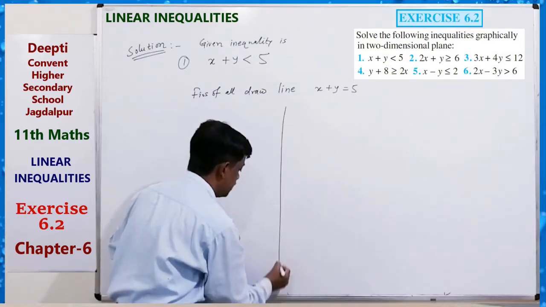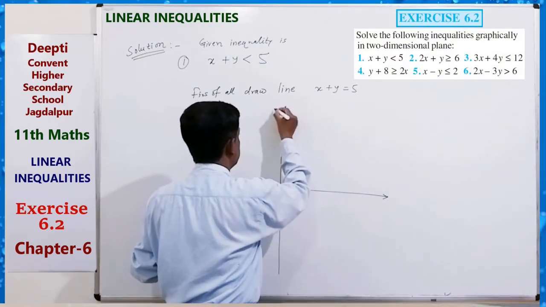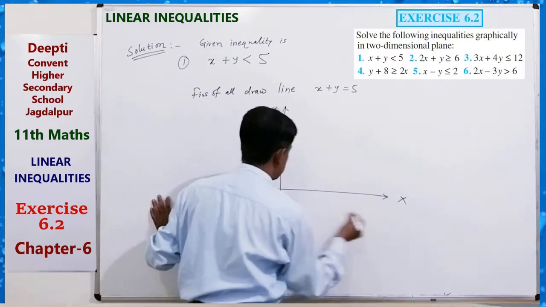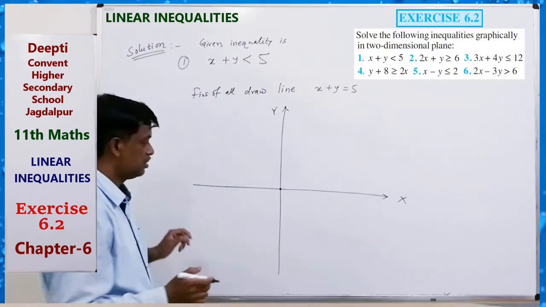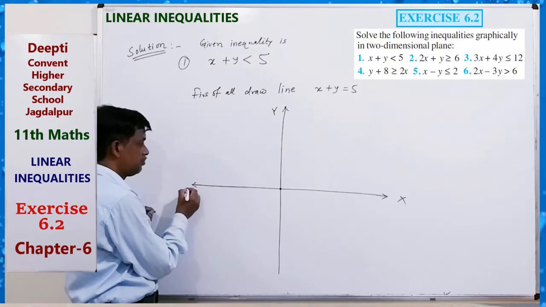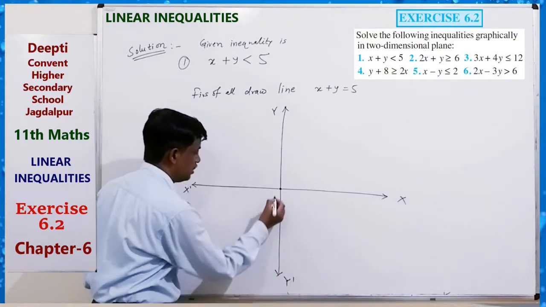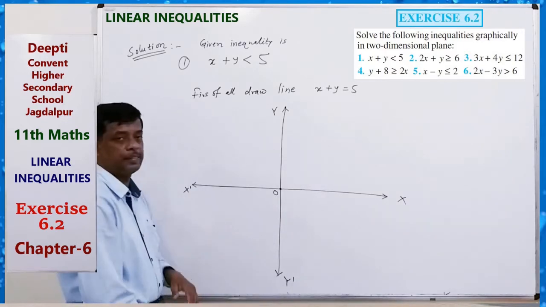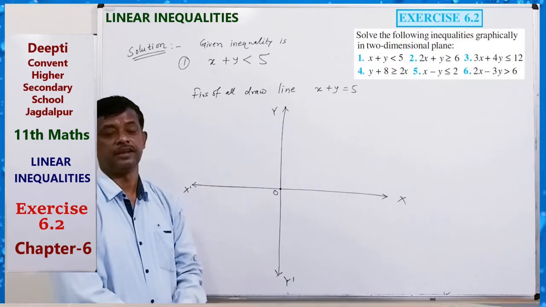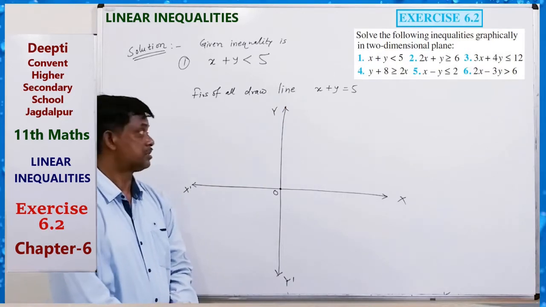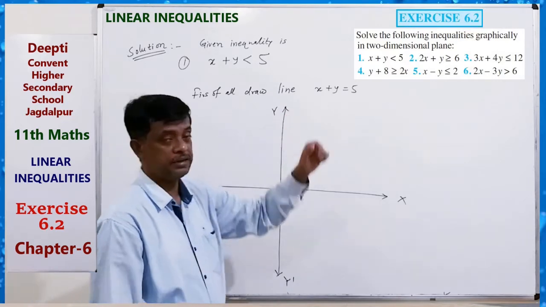I am drawing the solution region of this. You have to write all things in detail. Now for drawing this line, you know how we can draw the graph of this line?